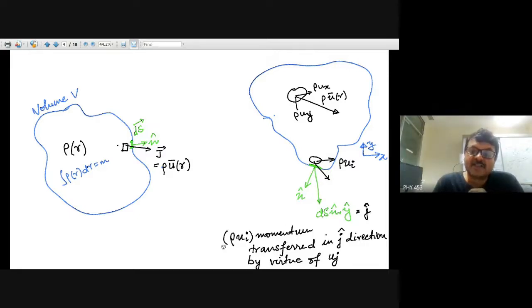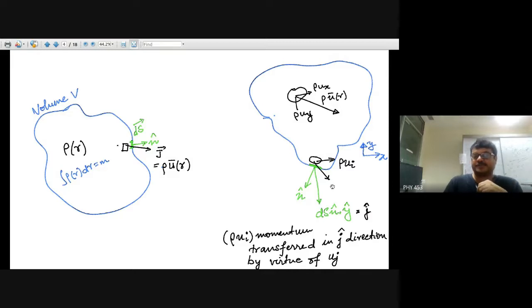So you can also ask how much of the x component, suppose this is the x component, rho ui, the x component of the momentum, is transferred in the j direction, the y direction, by virtue of uj. uj means there's a component of the flow in this direction, and you are asking how much x momentum is transferred across this surface in this direction, because the flow was in this direction, right?